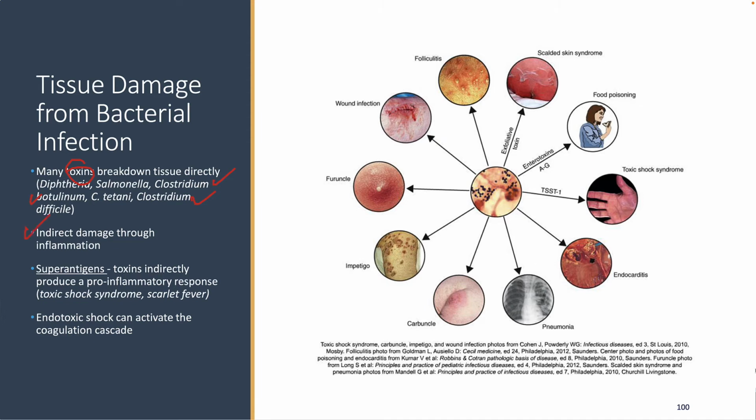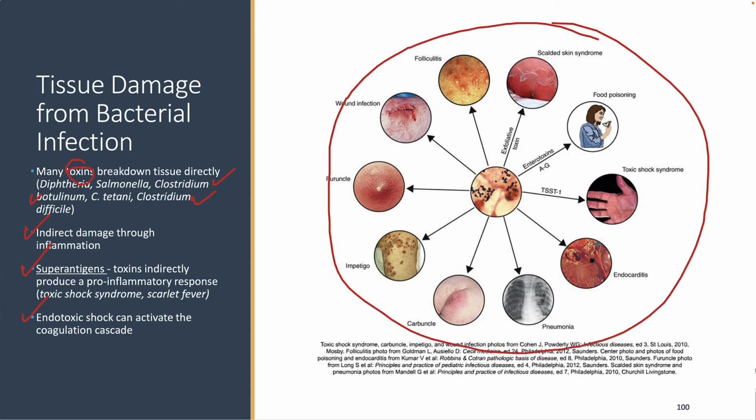So the fact that we have a bacterial infection means that we're going to have an inflammatory response, and that inflammatory response itself can be detrimental to the host. There can be super antigens where the toxins produce a pro-inflammatory response, like in toxic shock syndrome. And then we can have endotoxic shock that activates the coagulation cascade. And all of those things are bad, and some of the potential effects are shown here.